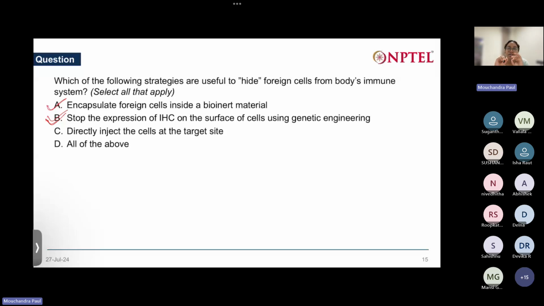That porosity should be small enough for the diffusion of oxygen and other nutrient molecules like glucose, but it should not be so big that it can allow the entry of antibodies or antigen presenting cells. In this way we can optimize the properties of our biomaterial in order to encapsulate foreign cells and successfully deliver them inside our body for a period of time that they can give some therapeutic benefit to the patient. Okay.